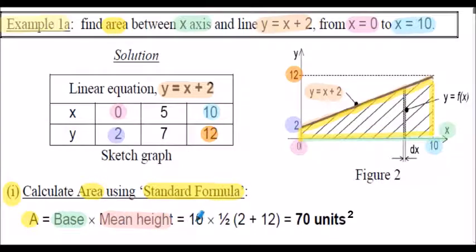So the base is 10 units, that's along the x-axis. And to calculate the mean height, we simply add the minimum height, 2 units, to the maximum height, 12 units, and then divide by 2 to find the average or the mean height. So evaluating, the area shown shaded is 70 units squared.